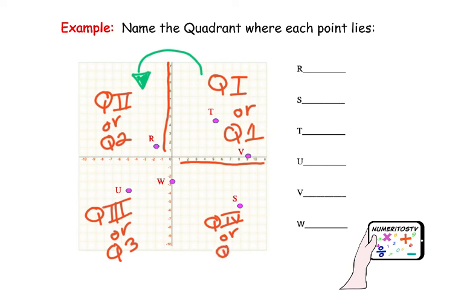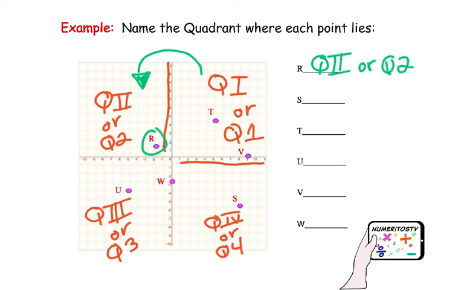Okay, now that you know your quadrants, now that you labeled them, now we can answer the question. So R, as we can see, is in the second quadrant. So you can write Q2, or you can also use numbers.